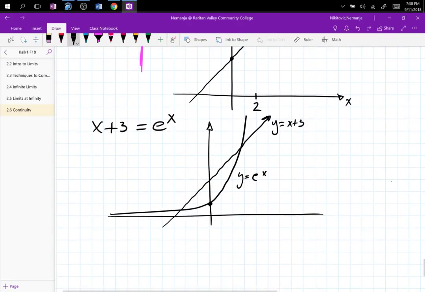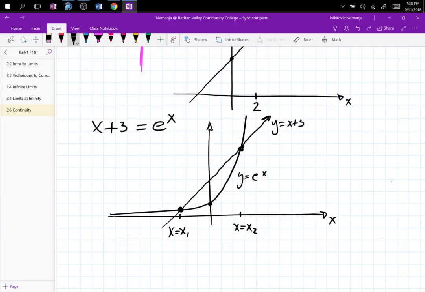I discovered by this graph that I have a solution x1 and a solution x2. This is going to spit out 2 solutions.